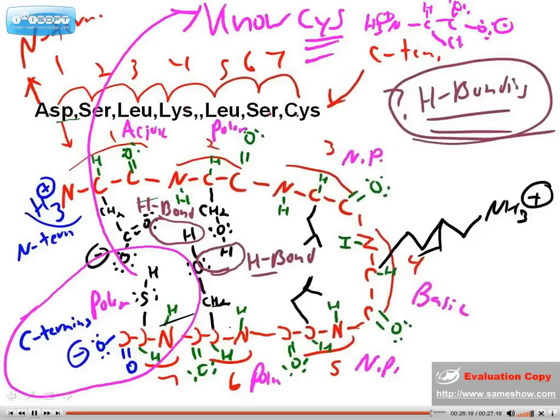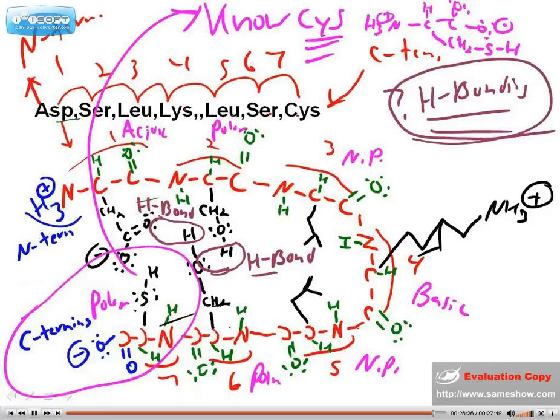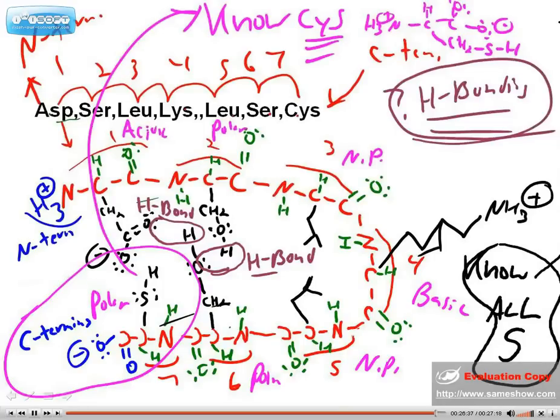So it's got a CH2SH. So that's a cysteine. So even though the slides say top 4, you have to know all 5 amino acids and apply them. So make sure you know that 5th one, cysteine, as well as the other 4.